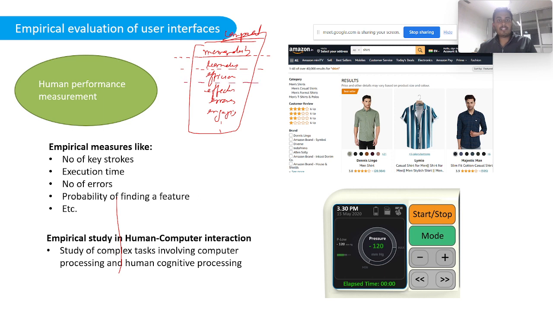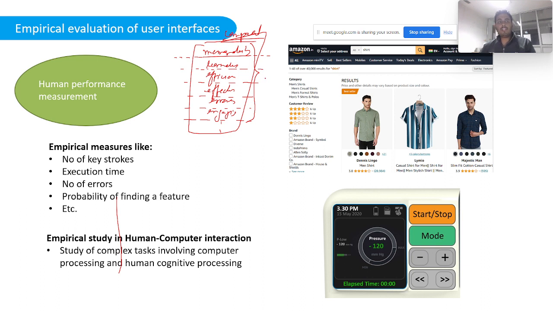Efficiency means it should be fast. Effectiveness means it should solve the activity with high accuracy. Errors means it should be free from errors. Engaging means the person has to be emotionally connected during the operation of an application or device. The nature of these constructs is very much qualitative.